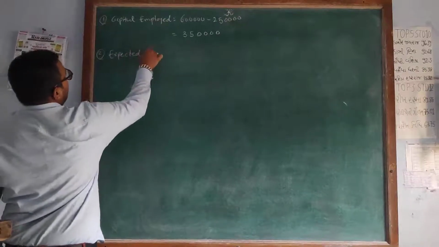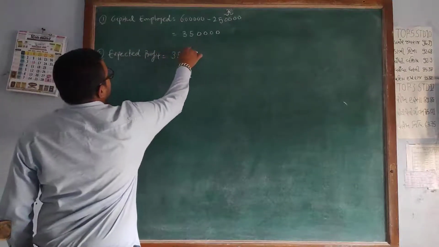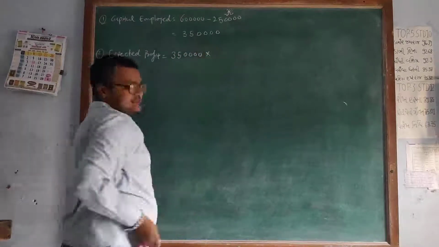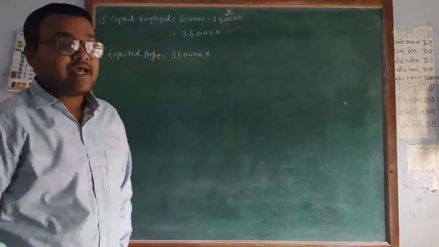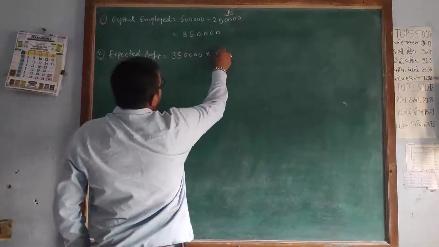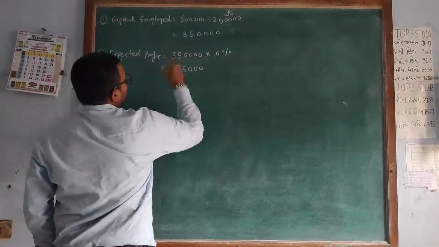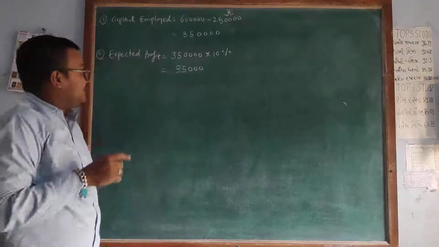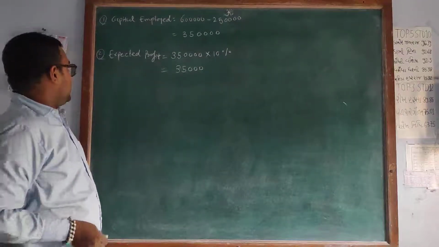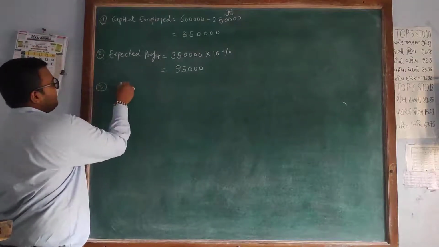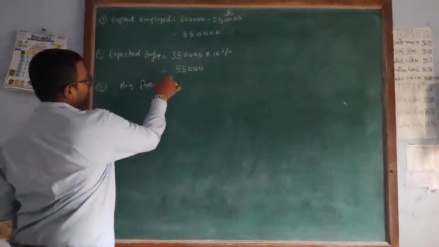Second step, expected profit. 3,50,000 into what is the rate given? Expected rate of return is equal to 10%. So 10% rate, which means 35,000. Expected profit is equal to 35,000. Now third point, average profit.